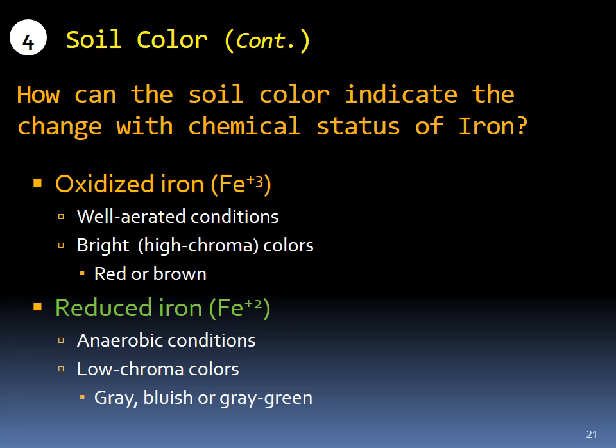Now if this soil becomes saturated, then it will be under anaerobic condition, and at this stage iron will be reduced, and due to this reduction, the color will change from red-brown to gray-bluish or gray-green color. So we can see now that the color can even tell us about the change of the chemical status of some of the minerals like iron.